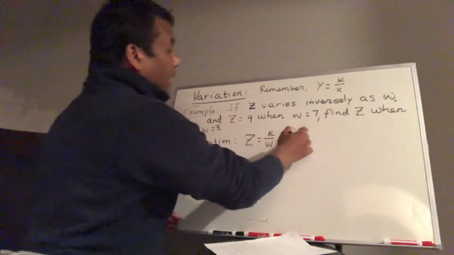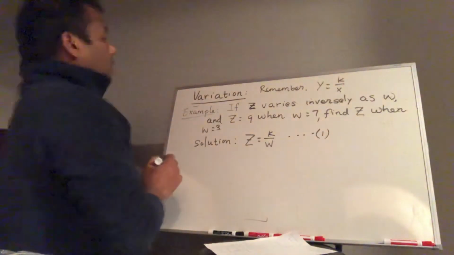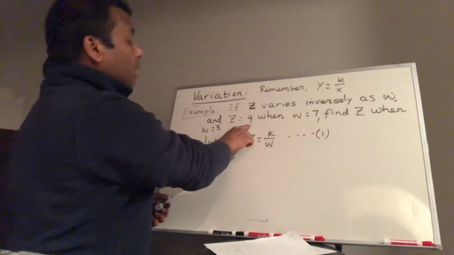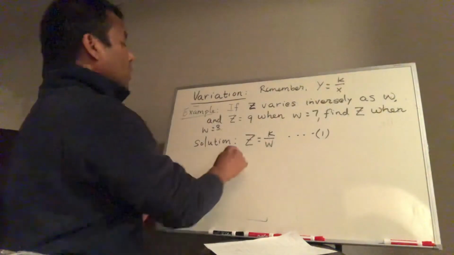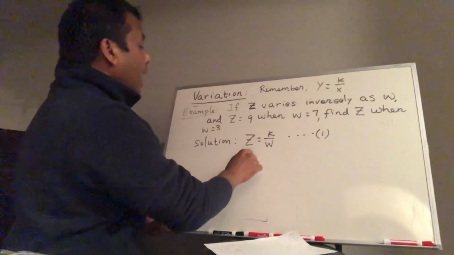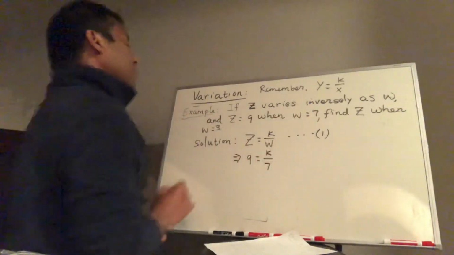So now let's say this is equation 1. But we have Z equal 9 when W equal to 7, right? So you substitute Z equal 9 and W equals 7.